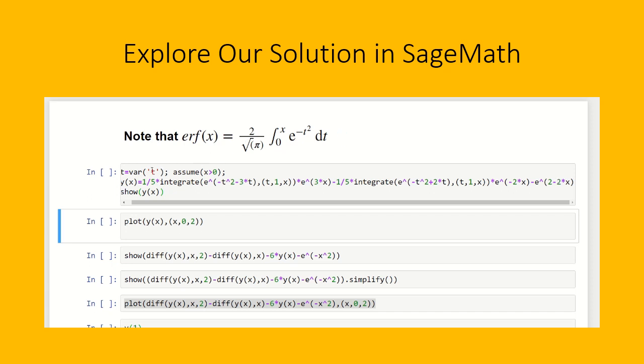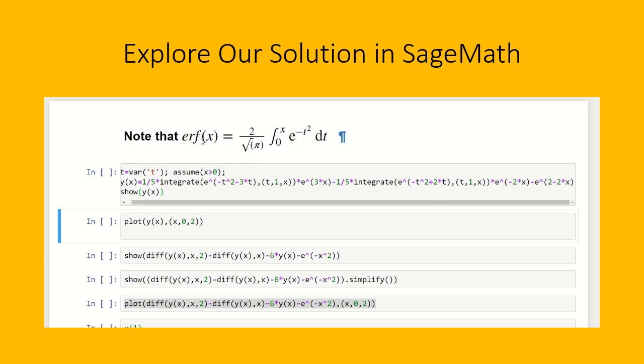Now, we're going to declare t to be a variable before we do this, since we're using t, and we'll assume that x is greater than 0. And so we'll define y of x this way, and then show what y of x is. Now you might think we'll see integrals going from 1 to x, but what's going to happen is the following.